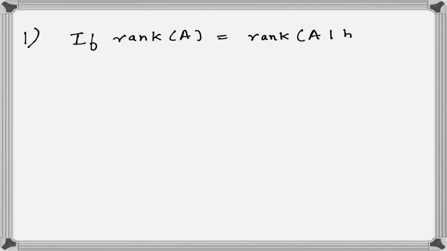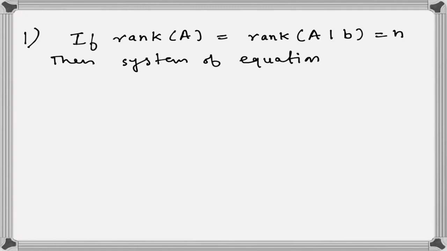Okay, so let's see what those conditions are. First one: if rank of A is equal to rank of the augmented matrix [A|B], which is equal to n, then the system of equations has a unique solution.